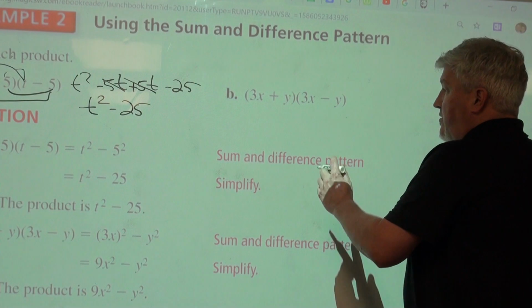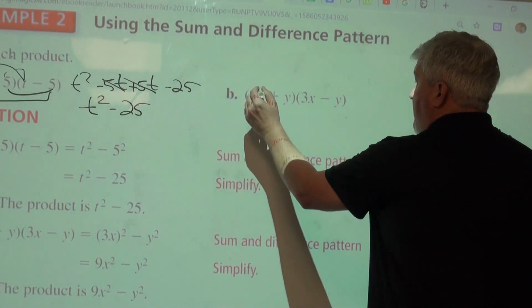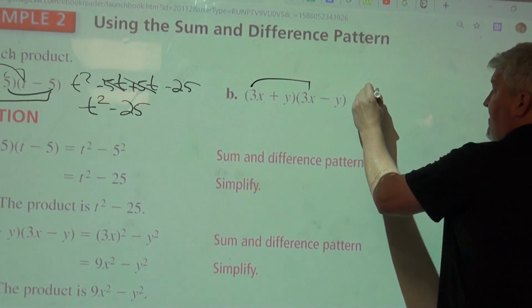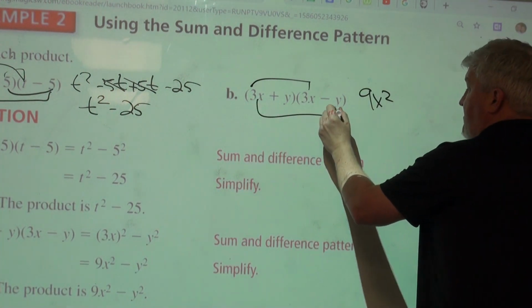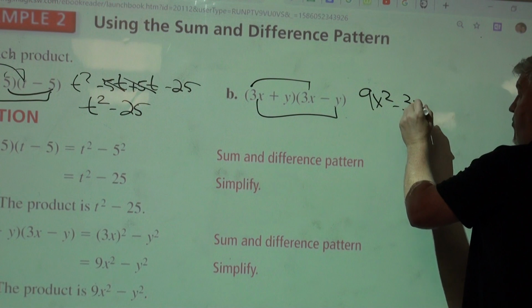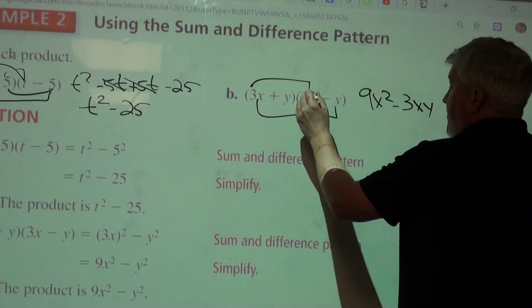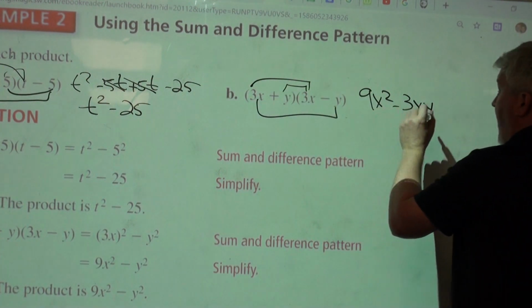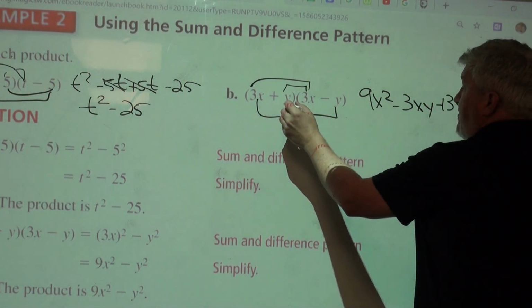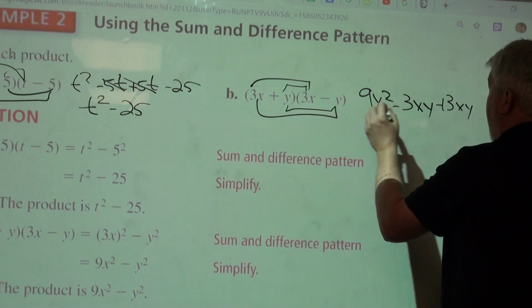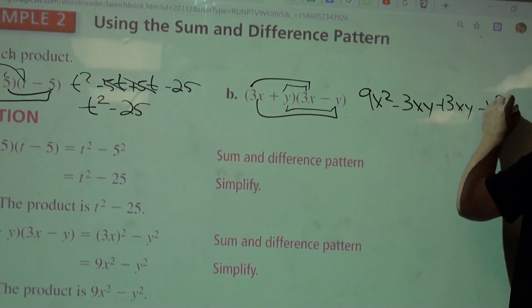And then b, same thing, we're going to FOIL it. First, 3x times 3x is 9x squared. Outer, 3x times negative y is minus 3xy. Inner, 3x times positive y is plus 3xy. And then last, plus y times minus y is minus y squared.